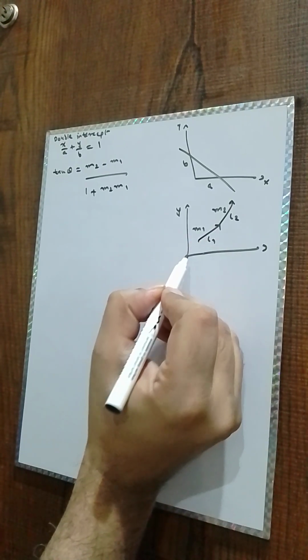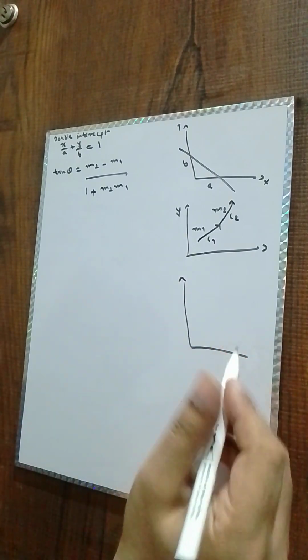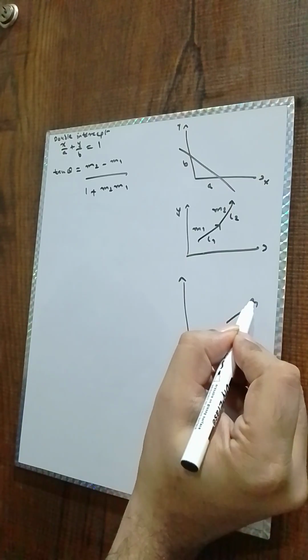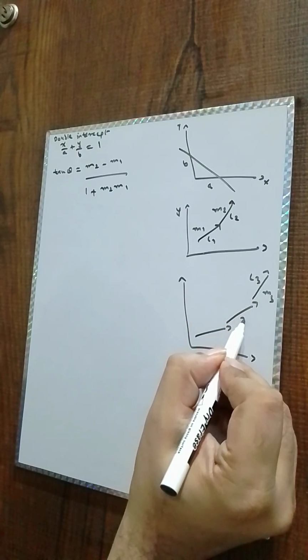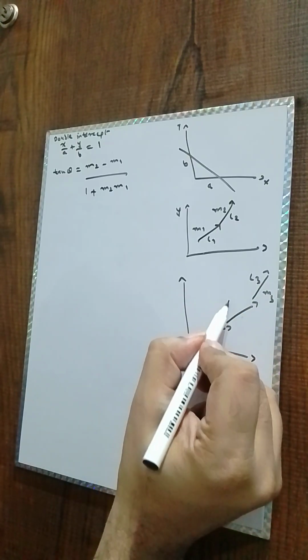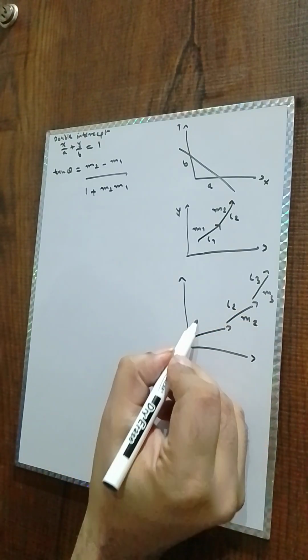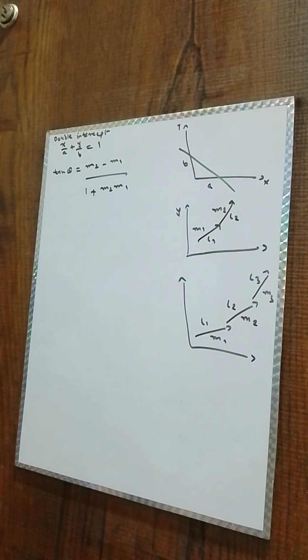And there's one more situation wherein we are looking into the concurrency of lines. For example, there are three lines, L1, L2, L3, L3 with m3, L2 with m2, and L1 with m1, lines and their respective slopes.